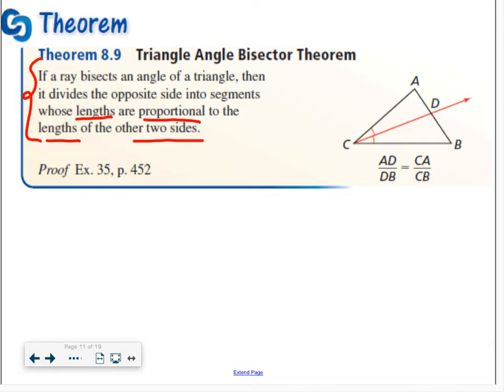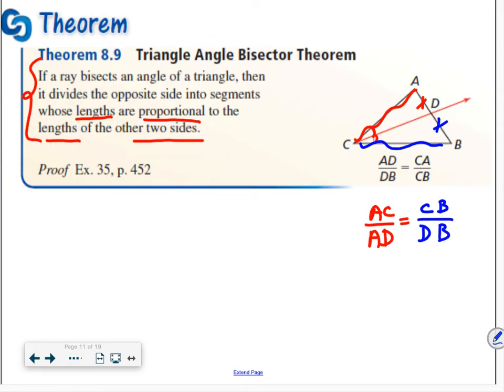I actually like it better when I say to myself, okay, if I take side AC, which is this one, and I compare it to the piece it's connected to, AD, it's going to be proportional to the other side, CB, and the piece it is connected to, DB.